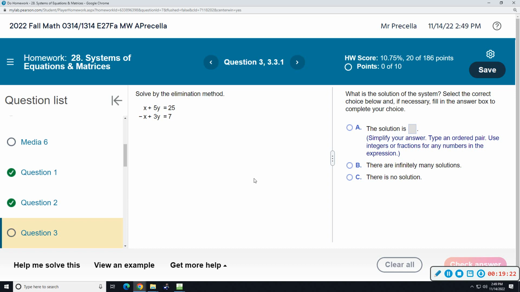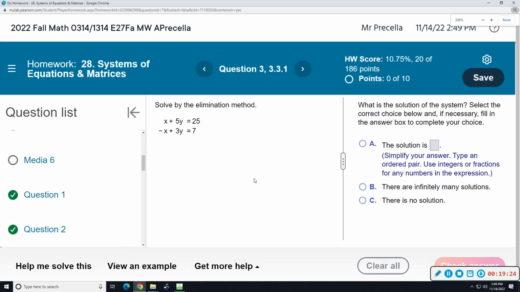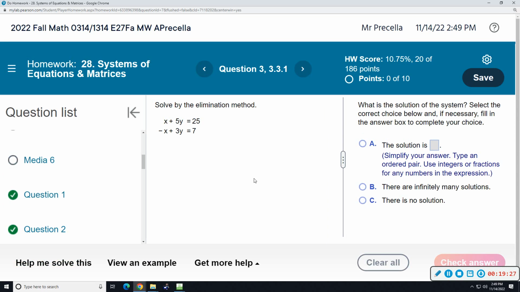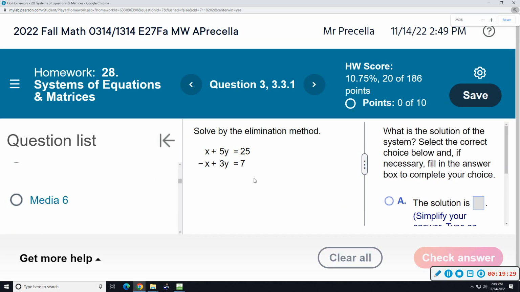Let's see. There, okay. Making it a little bigger. Solved by the elimination method. So I'm illustrating this other method, which on this one, you could do it with substitution just fine. When you're taking tests, by the way, there's no way it can force you to do substitution or elimination.